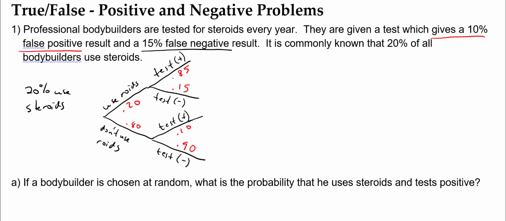And that's the chart that we're going to be using. Okay, so hopefully you guys understood what I mean by all this. Again, just to recap here, if I'm using steroids, I should be tested positive, right? I definitely should have steroids in my system, and that's why it's 0.85. That's why that number's big. And if it's wrong, it's telling me I don't have steroids. That's why it's false negative. That's why it's 15%. And if I don't use steroids, I should be tested negative.